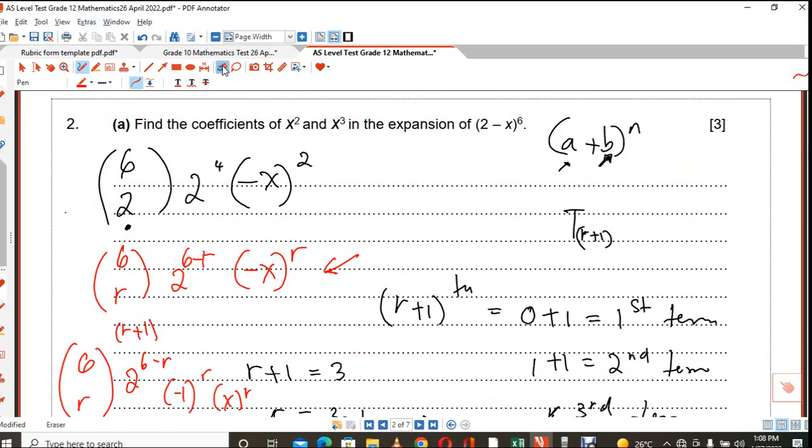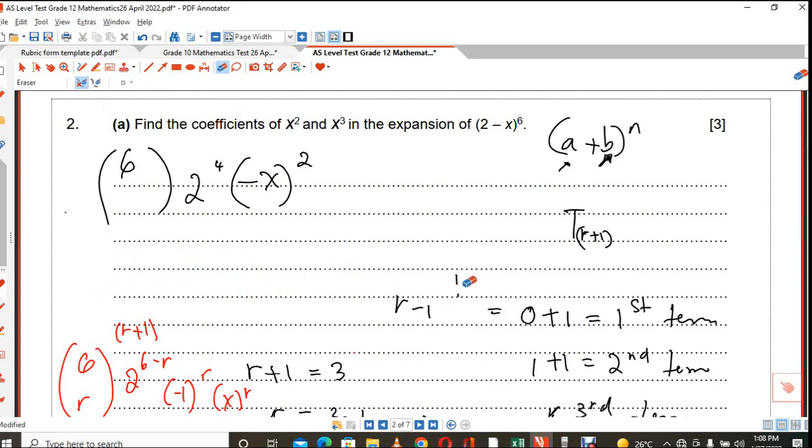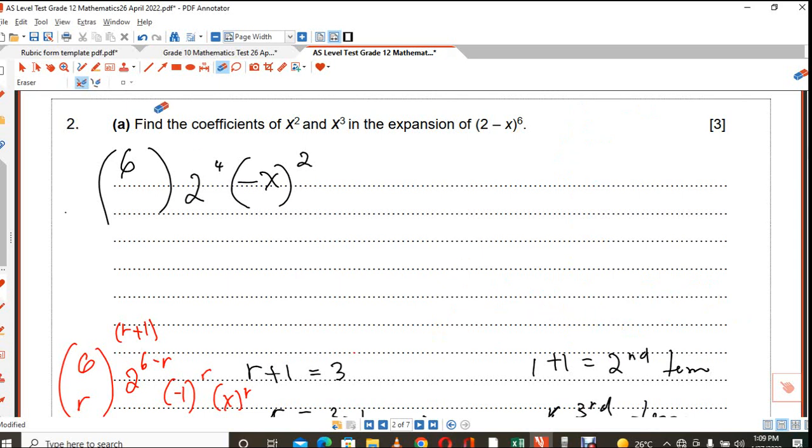So I'm just going to take the stuff off, just to have more space. 3 marks, don't waste your time. Up to there should be fine.